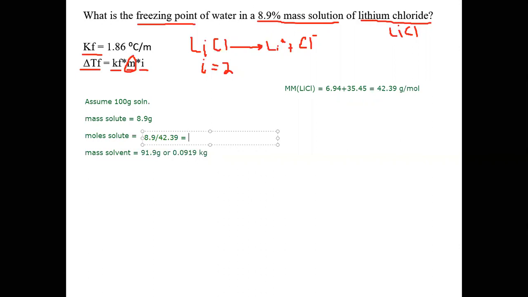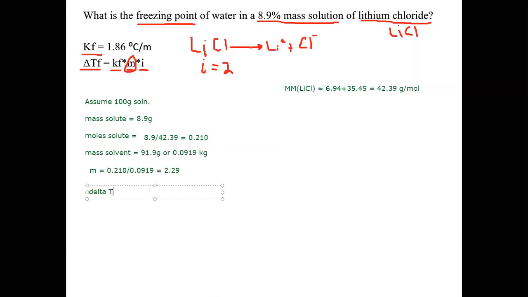We get 0.210 moles of solute. So now we know the moles of solute, we know the mass of solvent, we can find the molality. So molality is 0.210 divided by 0.0919. We get 2.29.